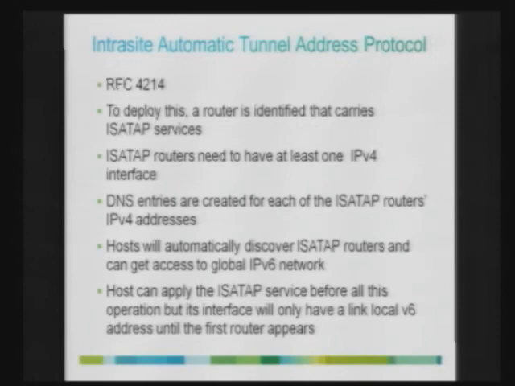But the difference is, in the case of the 6to4 tunnel, the v4 address was embedded in the prefix portion, or the network portion, of the IPv6 address. With ISATAP, the v4 address is actually part of the host portion, or the interface identifier. So when it creates the interface identifier, it makes use of the 32-bit IPv4 address to construct the full 128-bit IPv6 address.